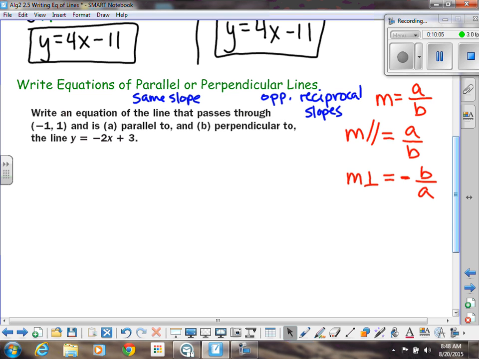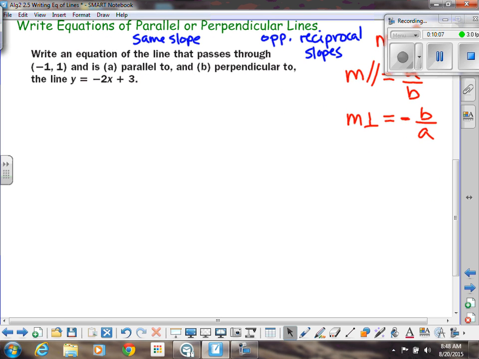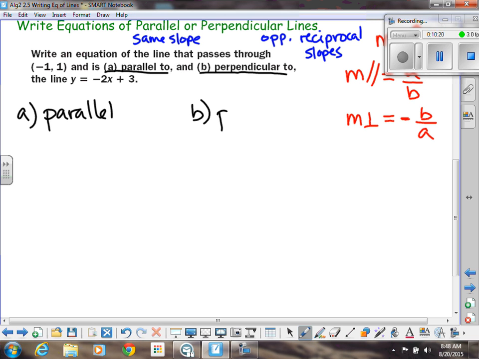All right, so let's do this example. We have two different parts to this. We have to find a line that's parallel to that and perpendicular. So we're going to do parallel over here, and then second, I'll do perpendicular over here. Okay.